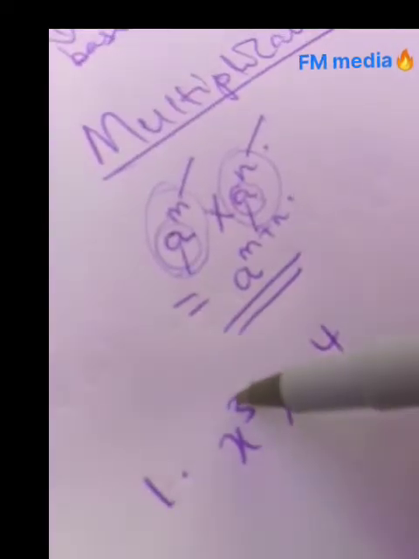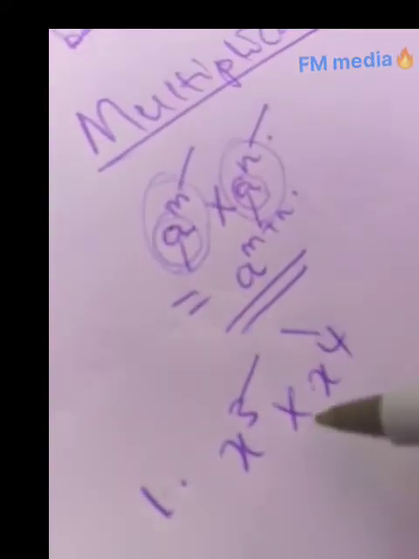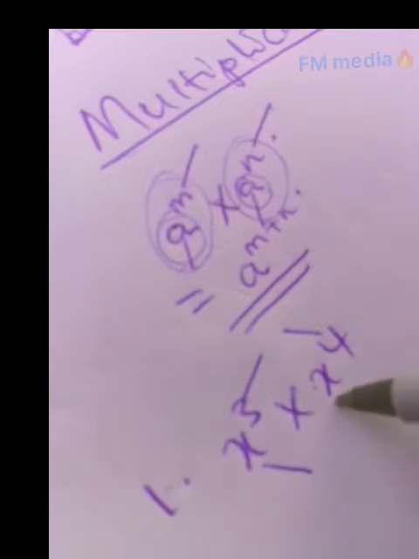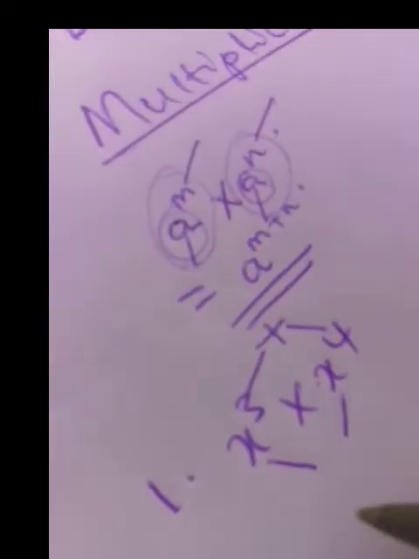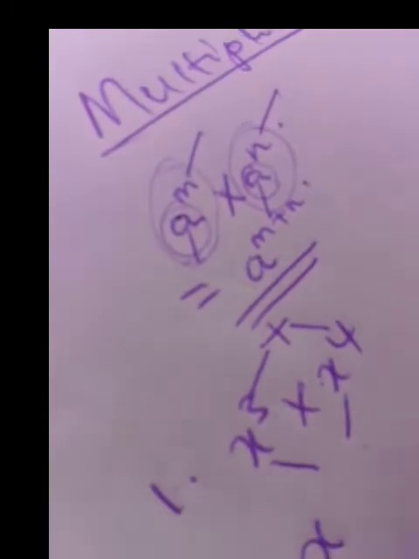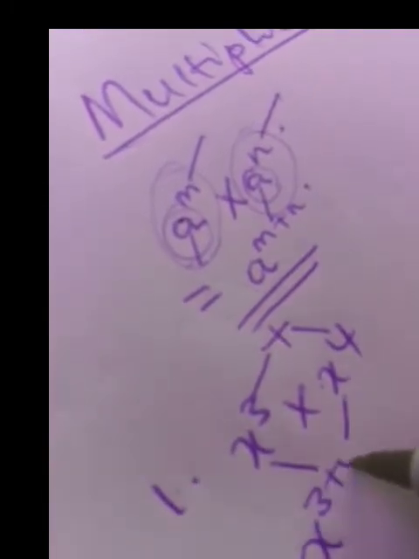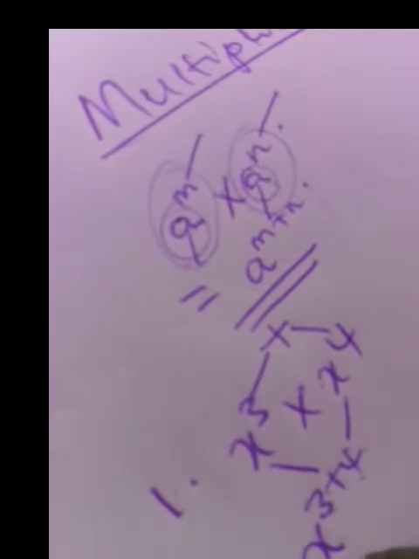Our powers here are 3 and 4, and the bases are x and x, so we maintain x and add 3 plus 4, which gets a 7. As simple as this is how we tackle questions in indices using the multiplication rule.